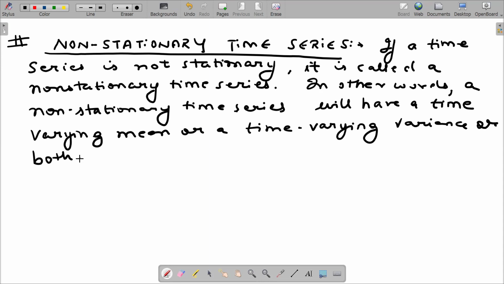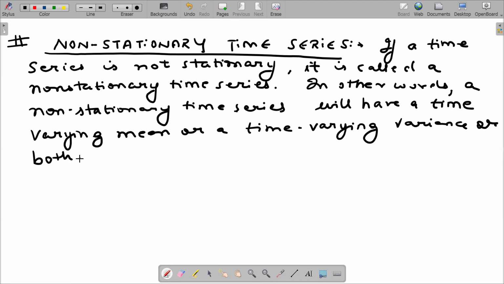So in case of a non-stationary time series, the mean of the random variable y will change over time. The variance of the random variable y will change over time, or both the mean and the variance will change over time. So this is the difference between stationary and non-stationary time series.